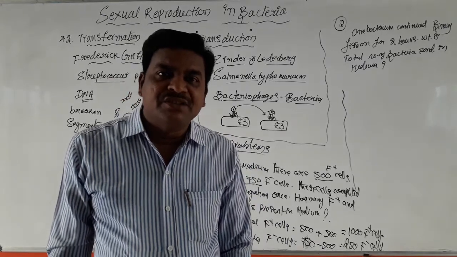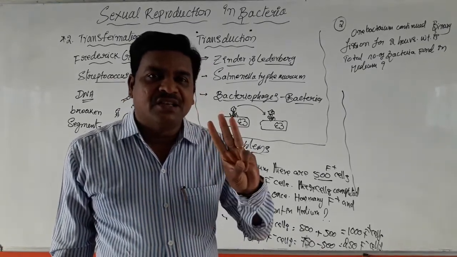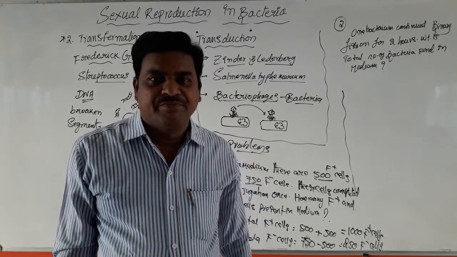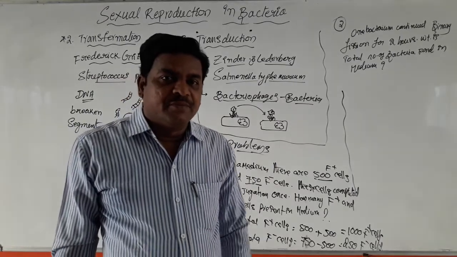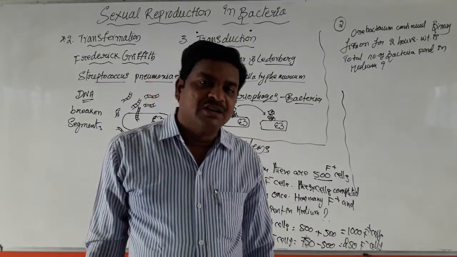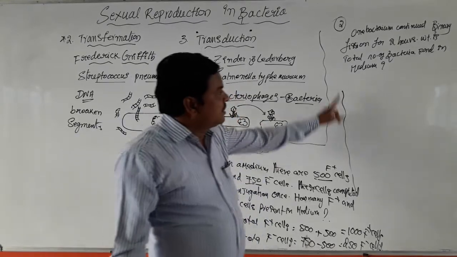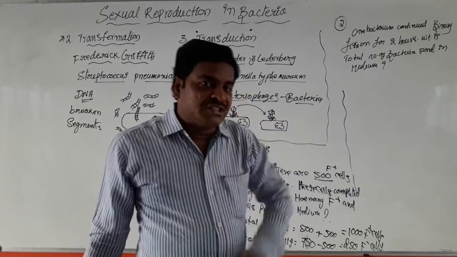How many binary fissions are completed within 1 hour? 3 binary fissions are completed within 1 hour, and that is 2 power 3 for 1 hour. But binary fission occurs continuously for 2 hours.